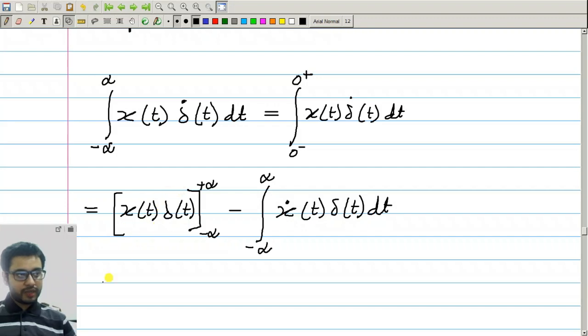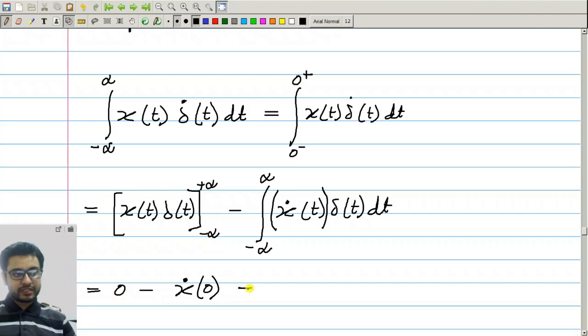Now this part will become 0 because at plus or minus infinity the delta function is 0, and in this part, if you consider x dot as a function multiplied with delta t, then if you recall what we learned earlier, you can write this part as x dot at the point 0.